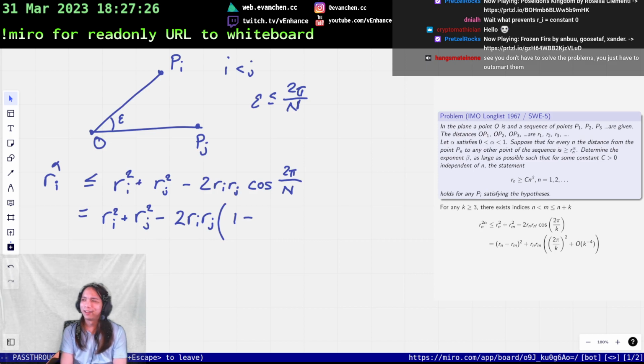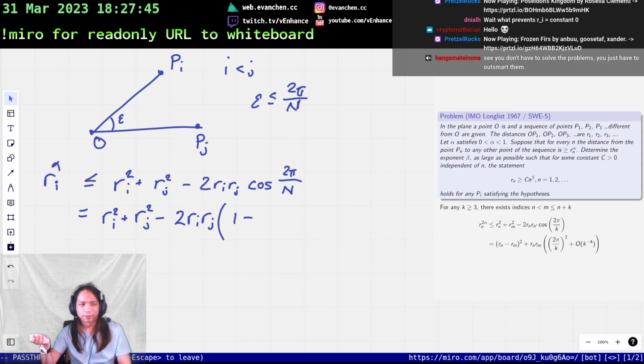Wait, okay. I need to think what the problem wants. We're going to assume the PIs are different from O, because otherwise I think the problem is probably stupid.